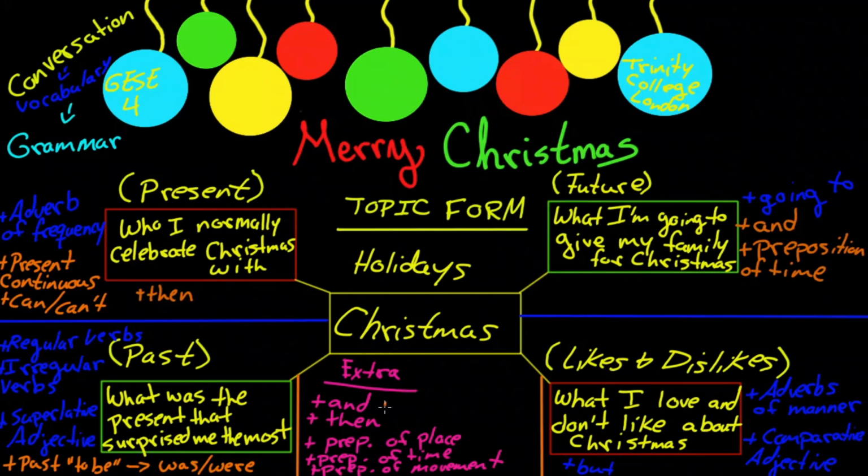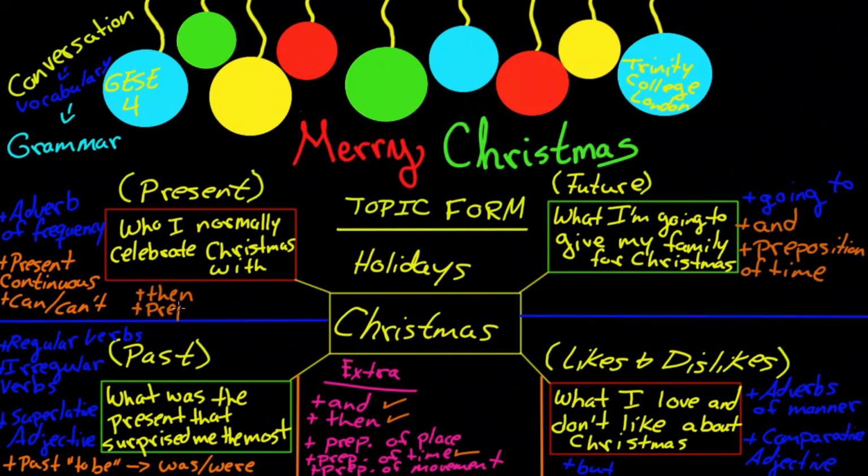Okay, so right now we have this one, and this one. No, sorry, not preposition of place, preposition of time, this one. So now we need preposition of place and preposition of movement. Look, preposition of place could work really well in the present because we can say where the things are.